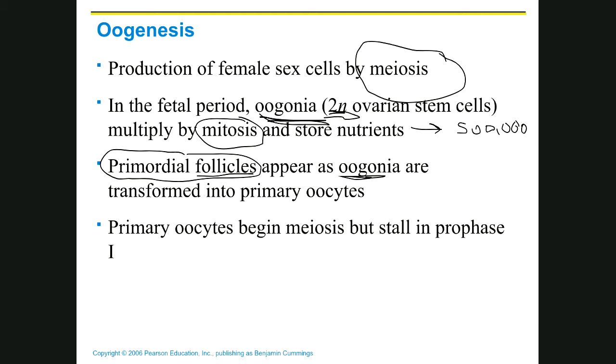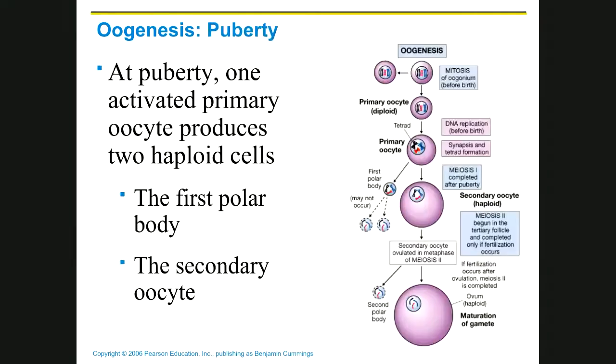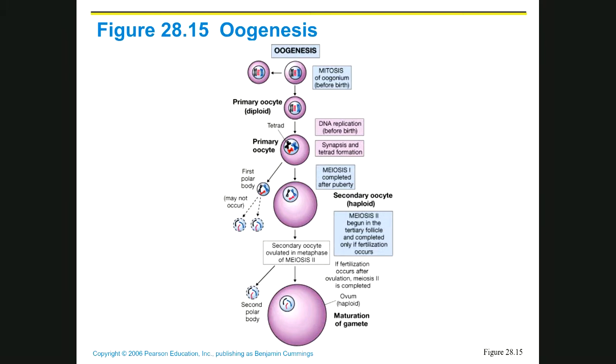But before the female ever reaches birth, while she's a fetus herself, these oogonia are going to start the process of becoming oocytes. And so they're going to enter meiosis 1.